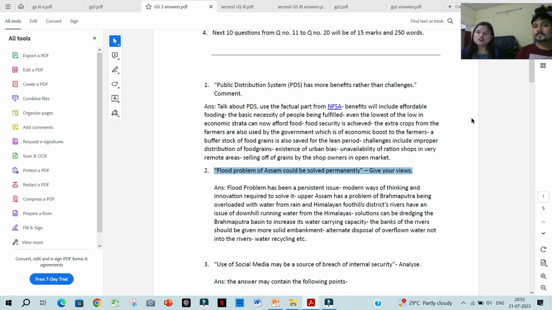Nowadays these have all been closed, people have encroached on it. If we revive the old irrigation canals that we have and connect them, like interstate river water linking, we can connect the canals to the rivers.